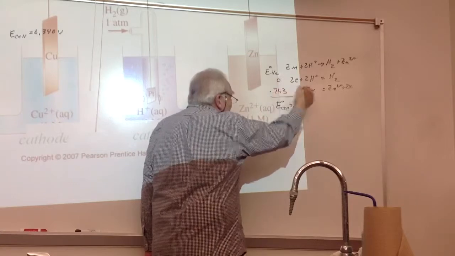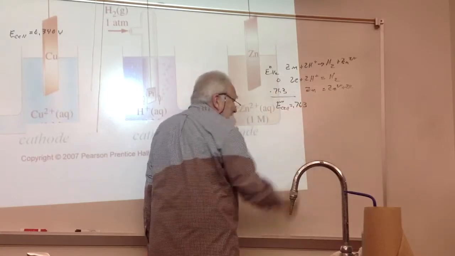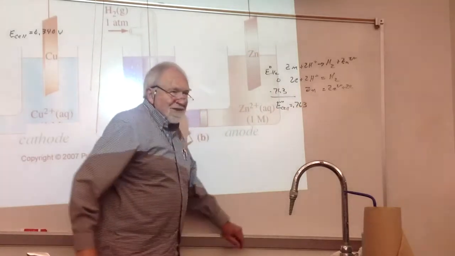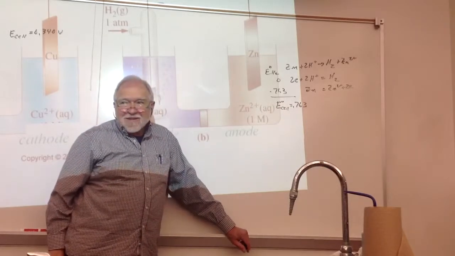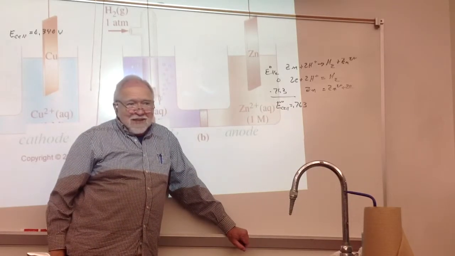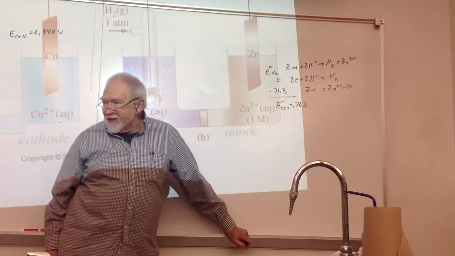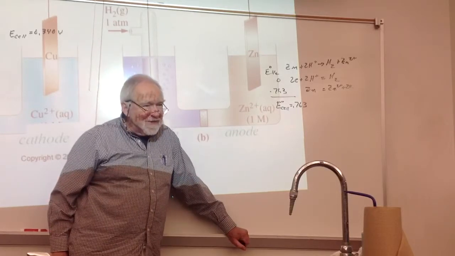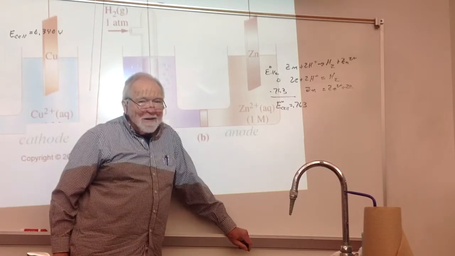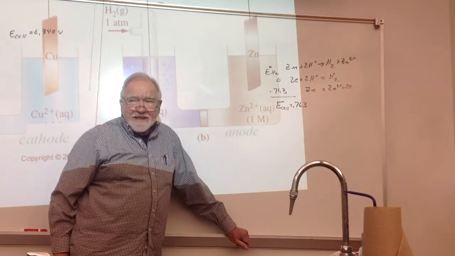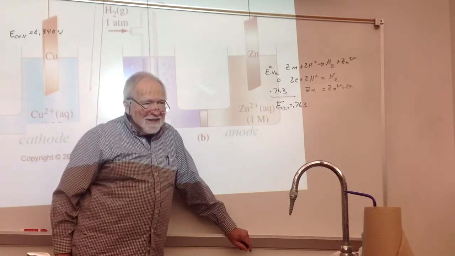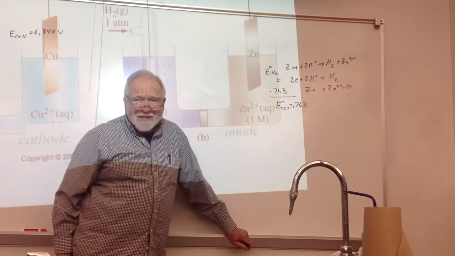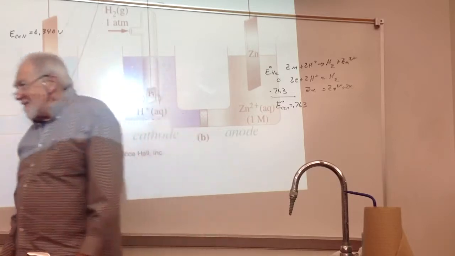Because I add these two together, this is what I get for E cell. Then you go to the table of standard reduction potentials for zinc, and you see minus 0.763. Why do you see minus 0.763?